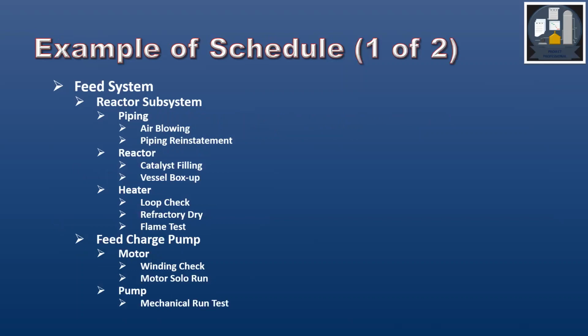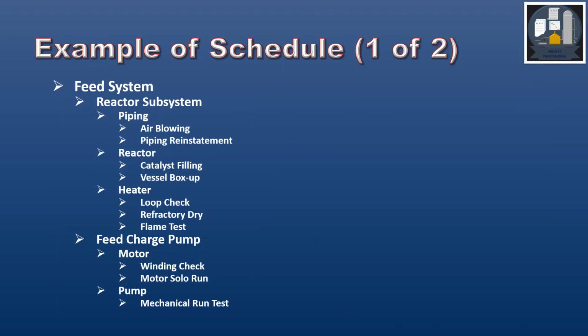Example of schedule. Let's take one example of feed system, which has subsystems, reactor subsystem and feed charge subsystem. Within that the tags are piping, reactor, heater. Within piping it is air blowing, piping reinstatement.